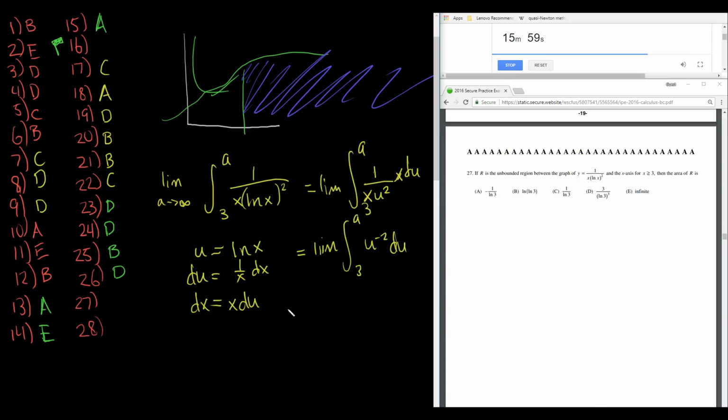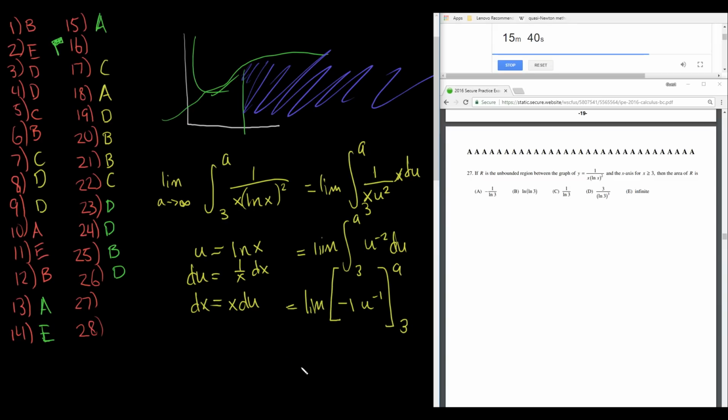Let's just go through this quickly because we're on a timed exam. All right, so the limit from, so negative 2, we add 1 to get to negative 1, and we multiply by negative 1, so negative u to the negative 1, from 3 to a.